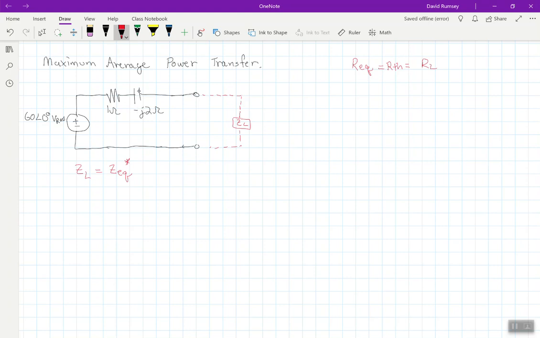So I've got this capacitive effect going on here on the input. There's this capacitive thing. So what I want to do in order to get maximum average power transfer is put an inductive load on here. So if your source is capacitive, you put an inductive load on.